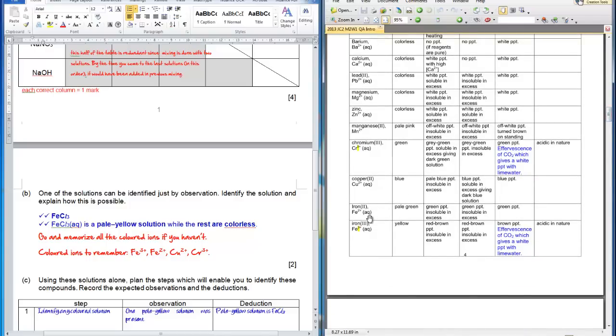You have the iron 2+, which is pale green, and the iron 3+, which is yellow. Since FeCl3 is a solution of low concentration, it's going to be a pale yellow solution. So by color, we can identify FeCl3.